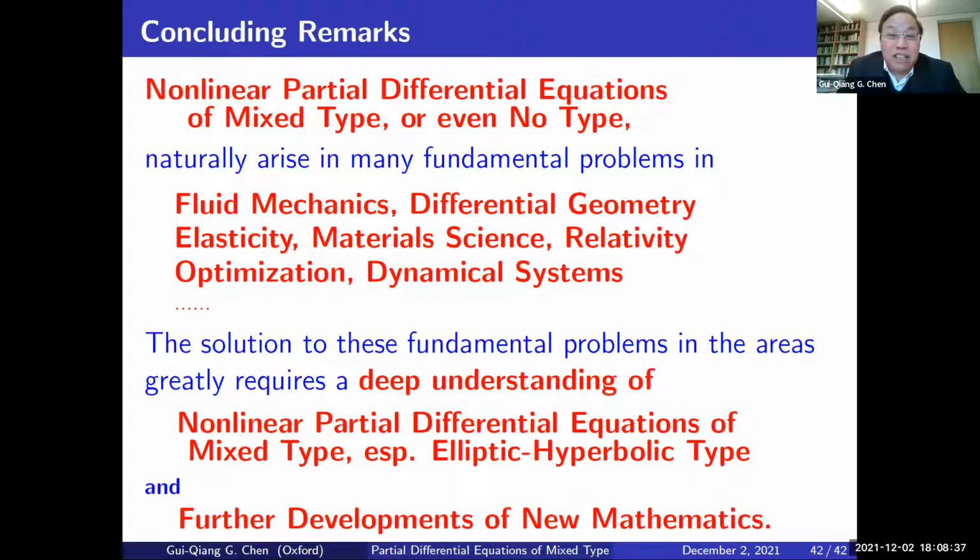It involves developing both elliptic theory and hyperbolic theory. There are many new questions and issues behind that before we can solve the problem. It's a very good motivation for people to work on degenerate elliptic, degenerate hyperbolic problems, and corner singularities.